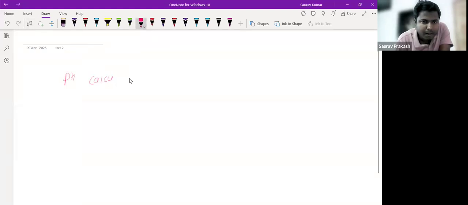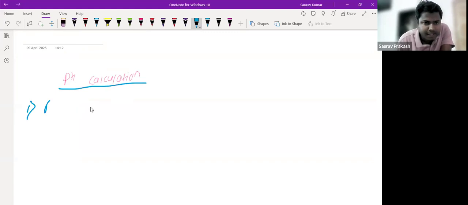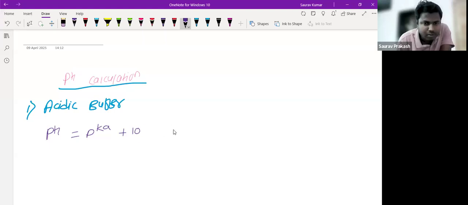pH calculations. For acidic buffer solutions, we'll calculate the pH by using the formula pH equals pKa plus log salt upon acid, where this Ka is defined for the weak acid.